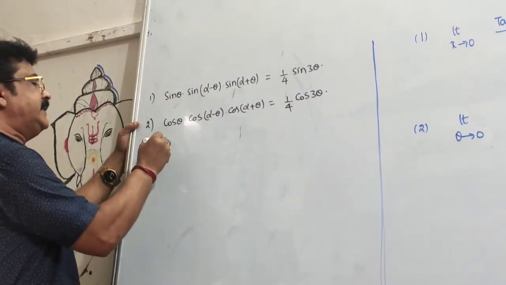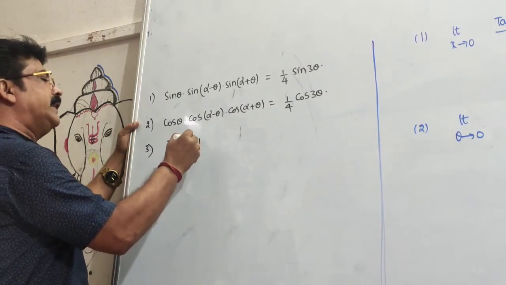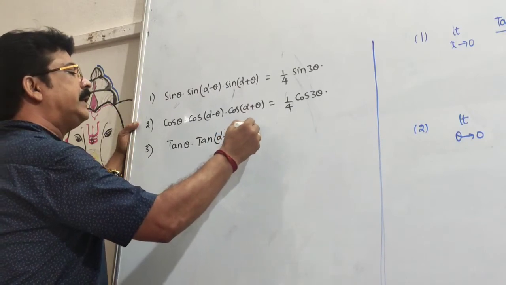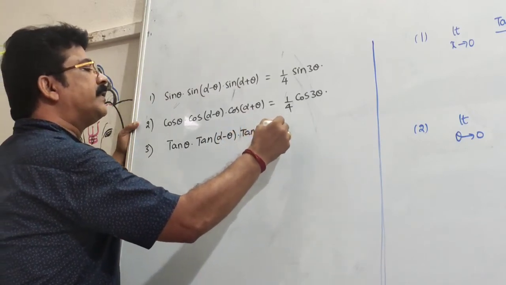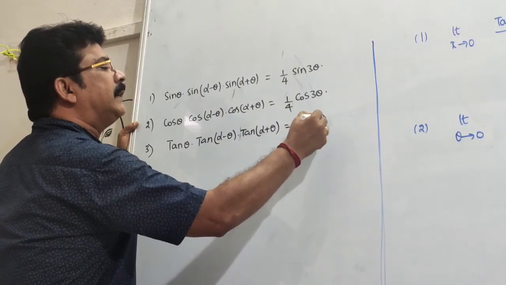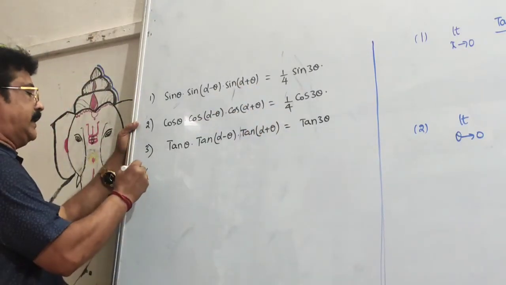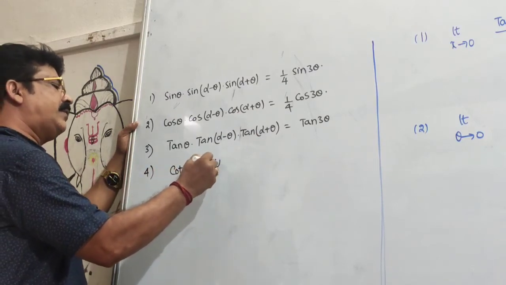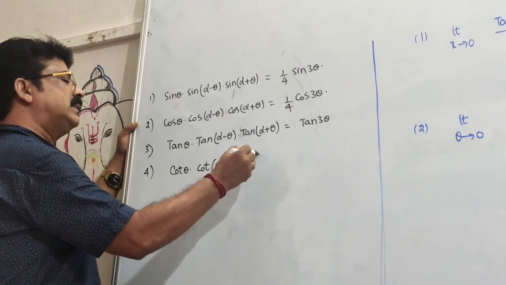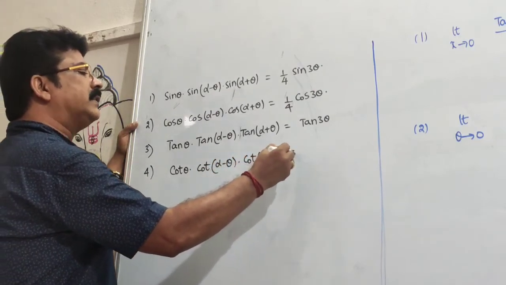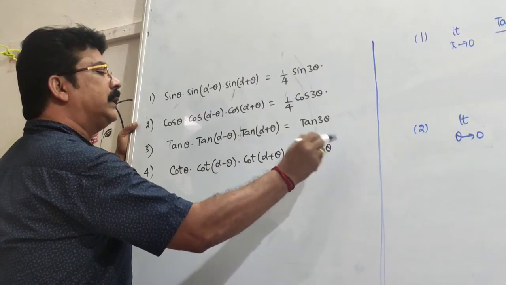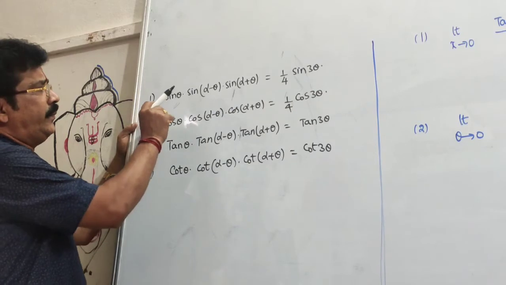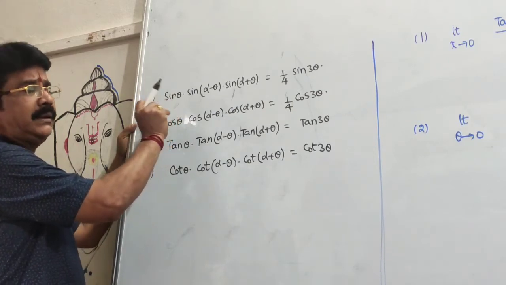Number 3, tan theta into tan of (alpha minus theta) into tan of (alpha plus theta) is equal to simply tan 3 theta. Number 4, cot theta into cot of (alpha minus theta) into cot of (alpha plus theta) is equal to simply cot 3 theta. Theta is the general Greek letter.